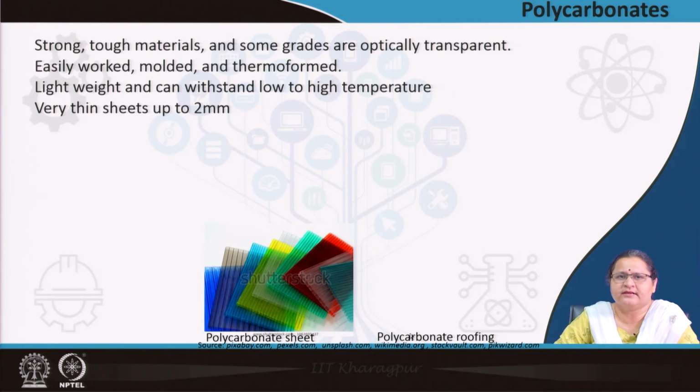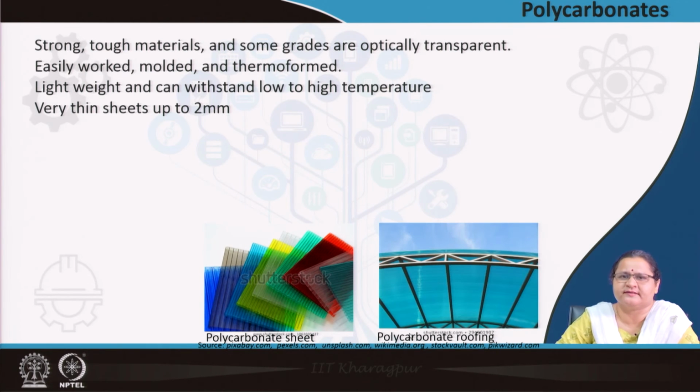You can work it, you can give different shapes, you can mold it out, and it can withstand differences of temperature. Very thin sheets up to 2 millimeters. You can see this is a polycarbonate roofing, very thin membrane on the steel support.